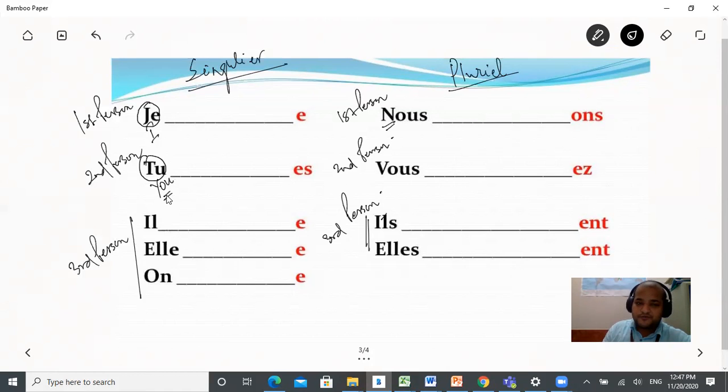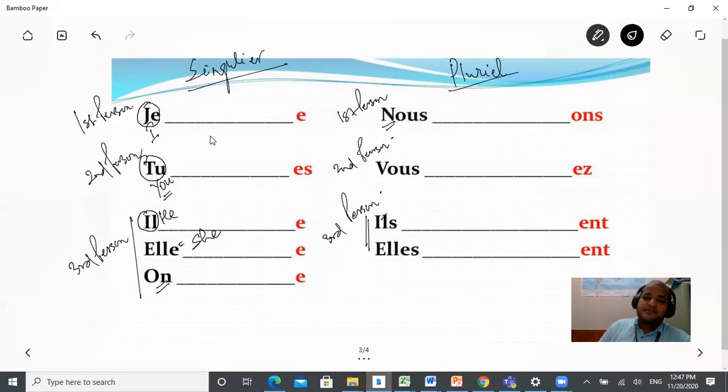When we are saying you to someone, it is believed that it is only one. Il is he. Elle is she. On is someone, somebody, one. It also comes in third person singular.